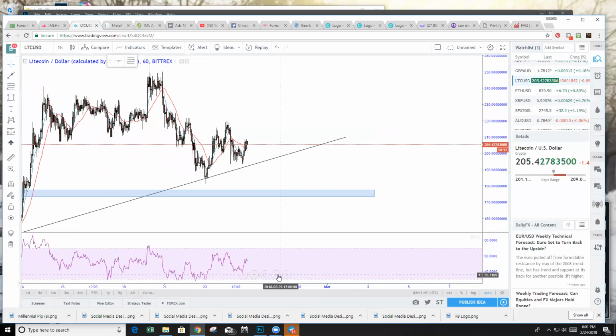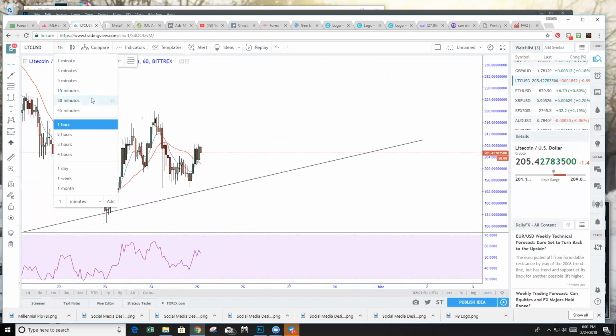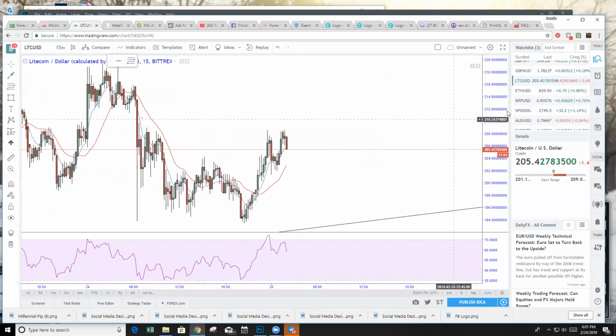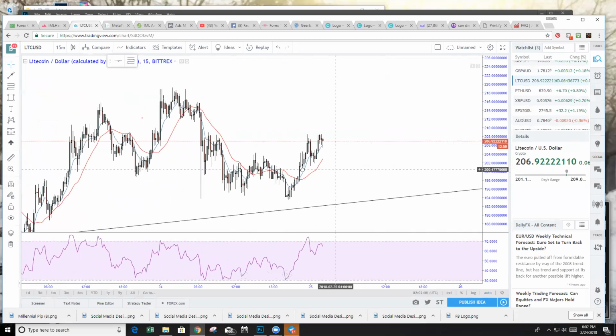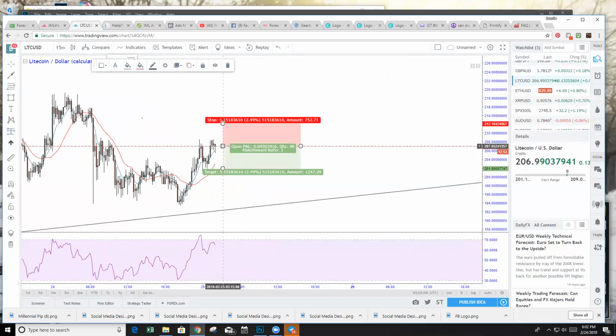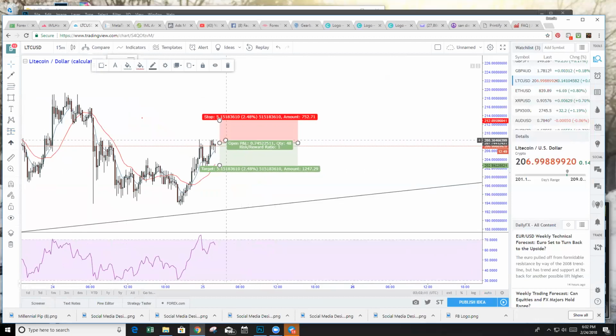Let me zoom in. I'm actually gonna probably get into this. Let's not jump too quick to it because we can probably get a little pullback. Yeah, so this one looks really freaking good actually. So what I would do in this situation, wherever I get in at right here, I would wait for it to pull up a little bit.